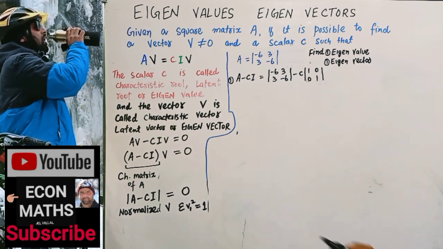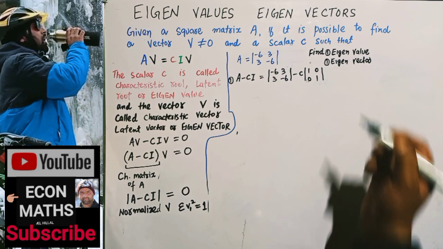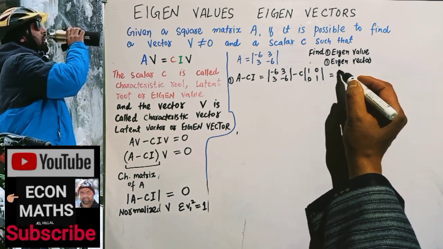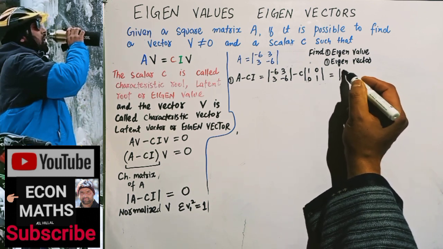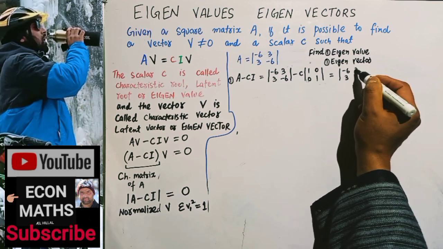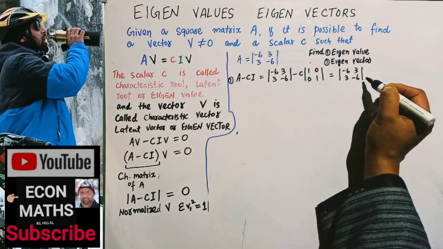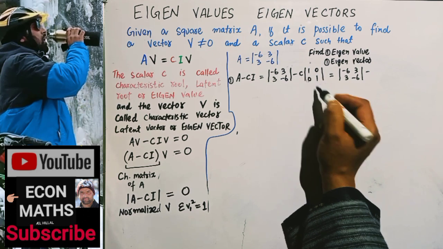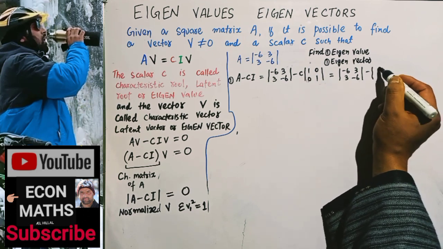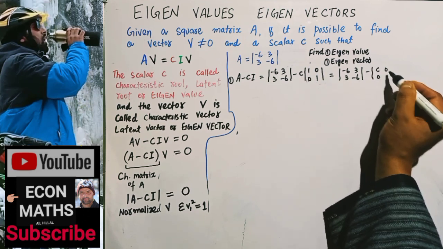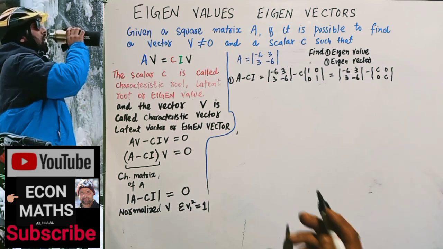First we find this A minus CI: minus 6, 3, 3, minus 6, minus this constant multiplied to each of these terms, so it becomes C, 0, 0, C.